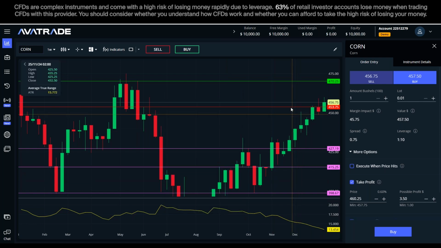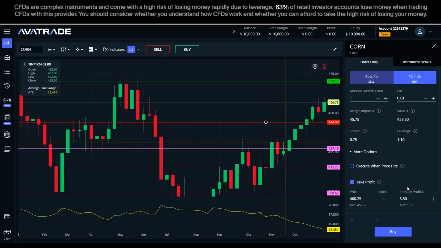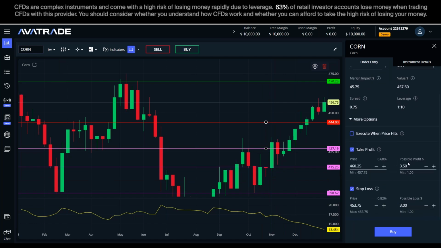Okay, and this is our stop loss. Now if we match the numbers, we see that a $13 movement can give us $13.